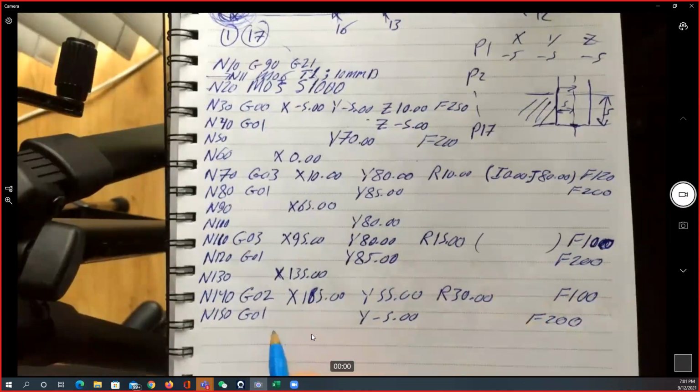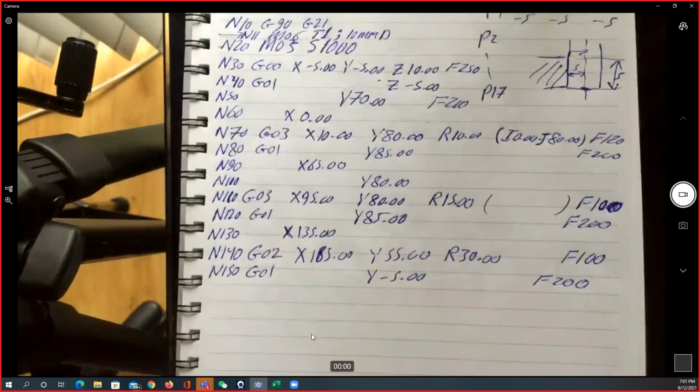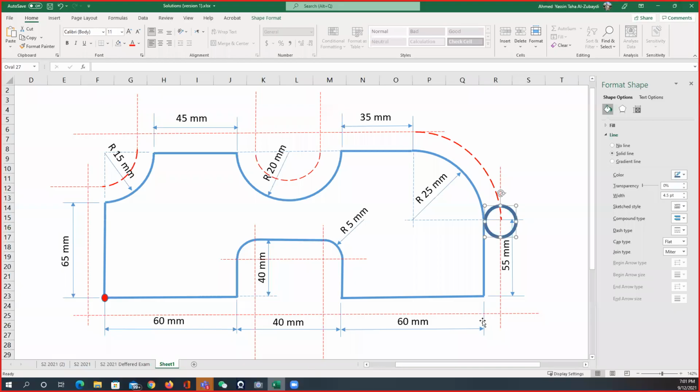Okay, G01, we go to this point, and now we are here. And we would like to go to that point first, which is going to be 95 for the X. And the Y remains the same, -5. And then we're going to go to here where the Y is going to be equal to 35.